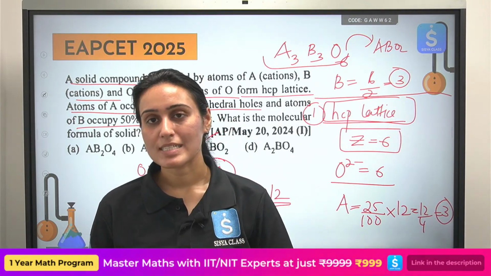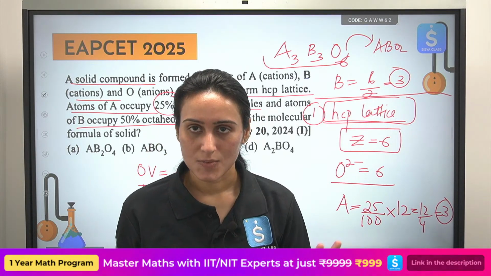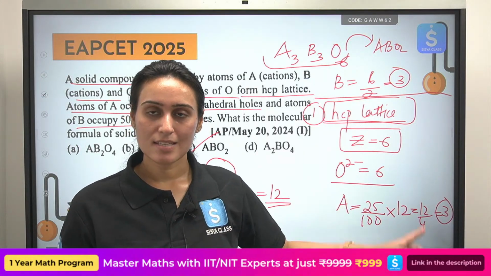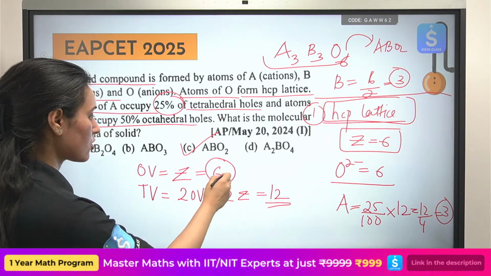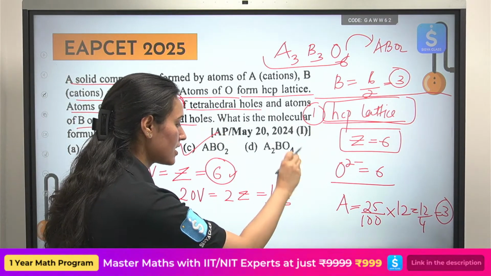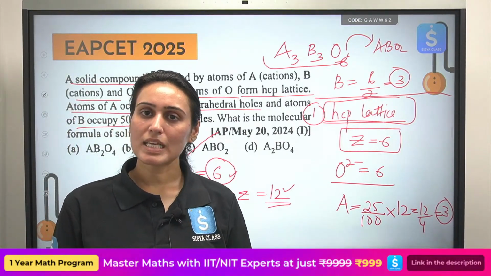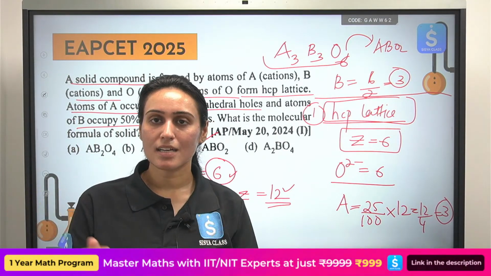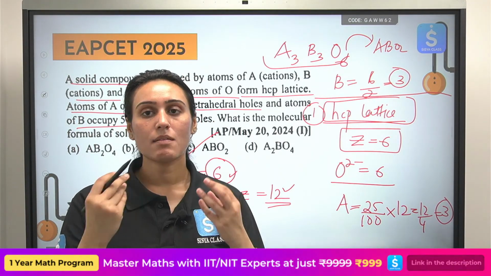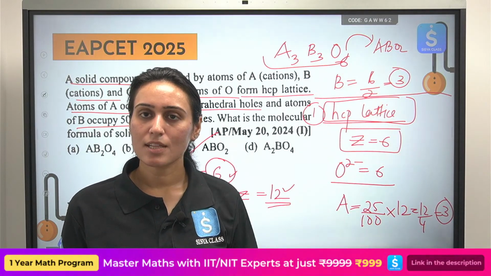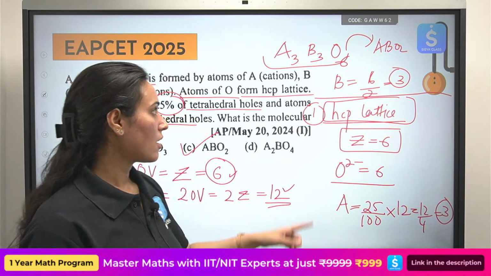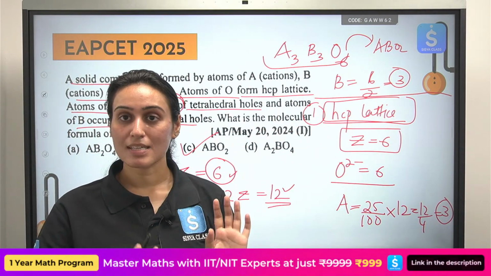Please apply this to FCC and HCP, not to each and every unit cell. So Z was 6, octahedral voids also come out to be 6, tetrahedral voids come out to be 12. Rest everything is in the question. How many tetrahedral and octahedral voids are occupied and by which atom? So you have just calculated that and you come to this formula AbO2. I hope it is making sense.